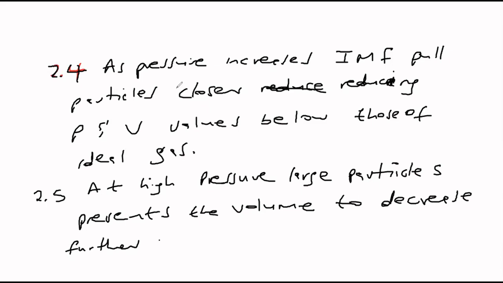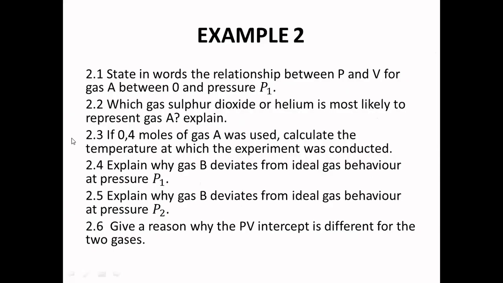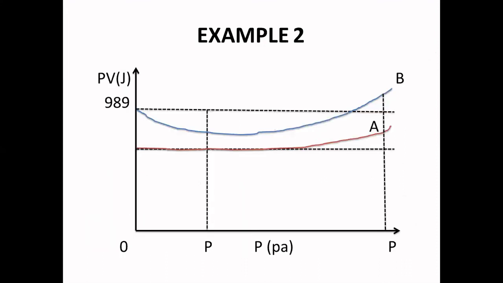Okay, let's go back to our notes. 2.6. Give a reason why the PV intercept is different for the two gases.